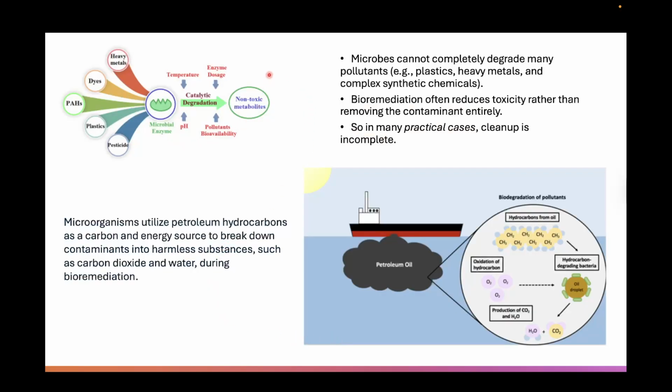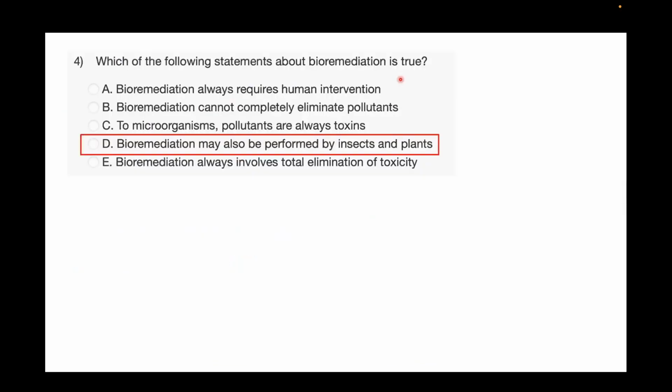So one of these options tell us that bioremediation removes toxicity completely. So this is not true because microbes cannot completely degrade many pollutants. Example, plastics, heavy metals and complex synthetic chemicals. So it cannot completely eliminate pollutants.